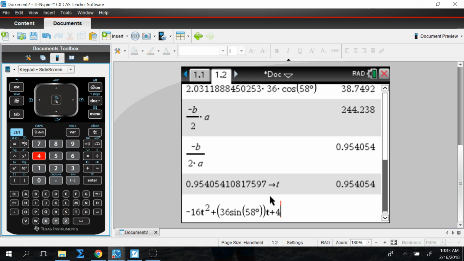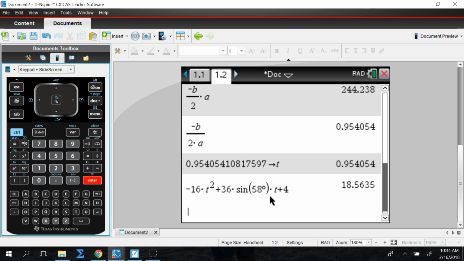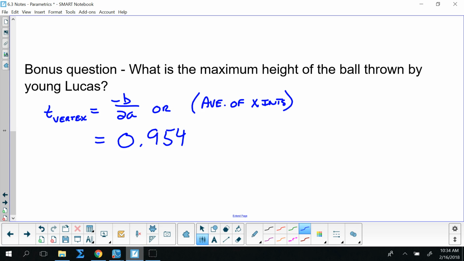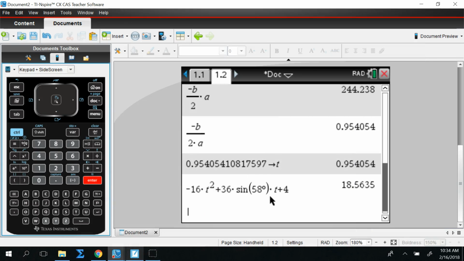And that's going to give me the maximum height, right? Because y is height. And I get, so at most it was 18.56 feet in the air.